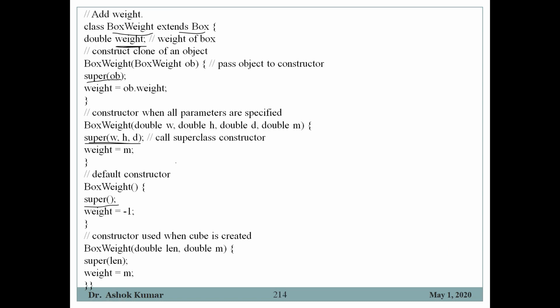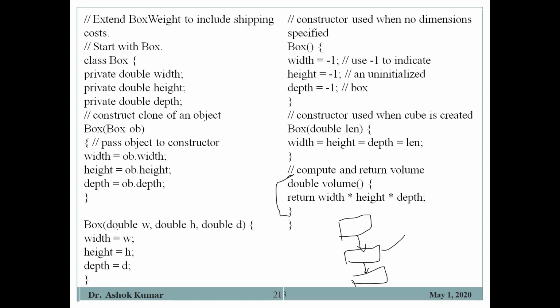The constructor of the BoxWeight class. The constructor that receives 4 parameters is this, right? So this will be called. From this we are calling the super constructor with 3 parameters. So this will be called with 3 parameters. First of all, this will be executed.